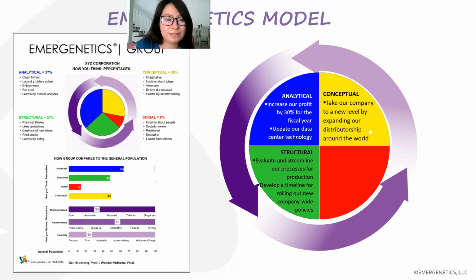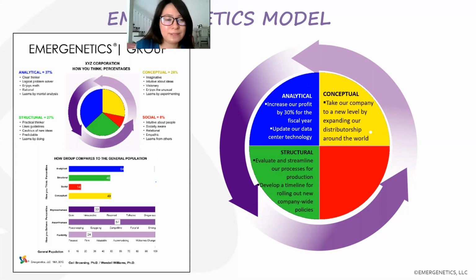Structural: evaluate and streamline the process. Remember, they love step by step, they love law and order. So evaluate and streamline the process, structural. They love it, they enjoy it. Then rolling out a new company-wide policy, conceptual. Take our company to a new level by expanding, see, a visionary. This came from conceptual.